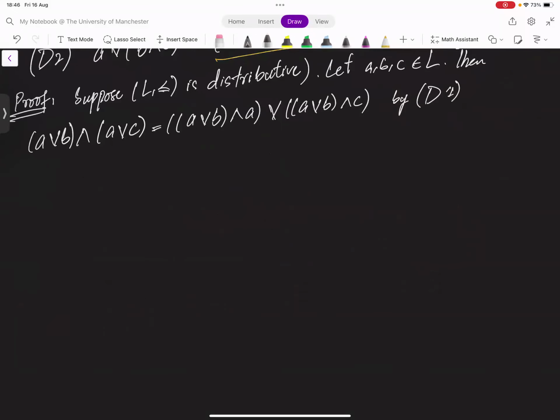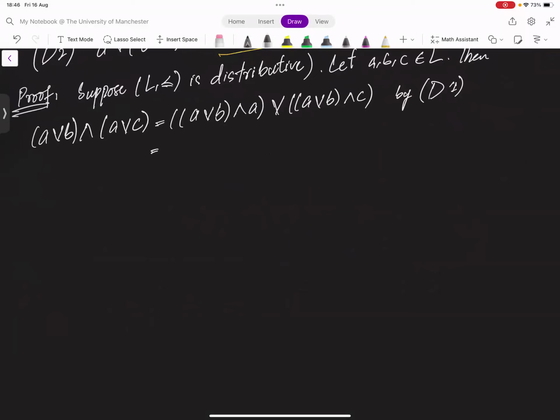So that's how. And now if we move further, we can also write A and A or B, or A or B and C. And this is by L1, the first property of the lattice.